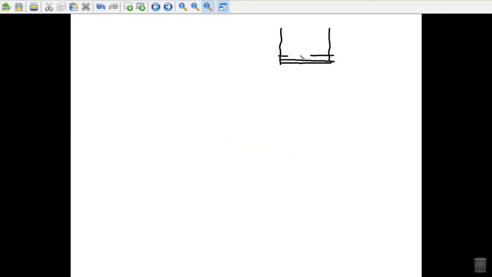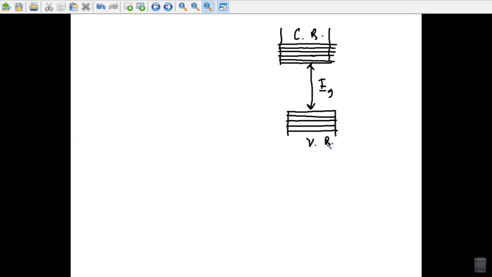These are the bands, and these are my valence bands, right? And this is my band gap energy Eg. This is the conduction band, and this is the valence band. And here some electrons are seated in different energy levels, or occupied, according to the material.